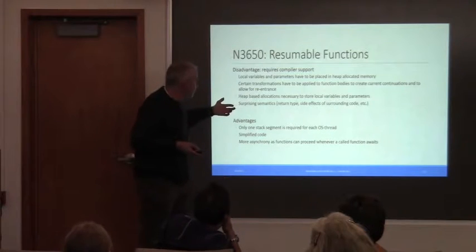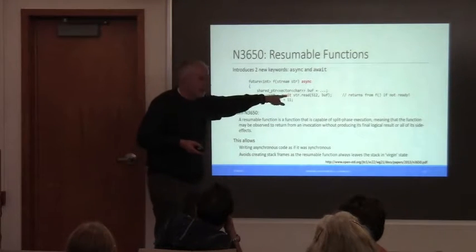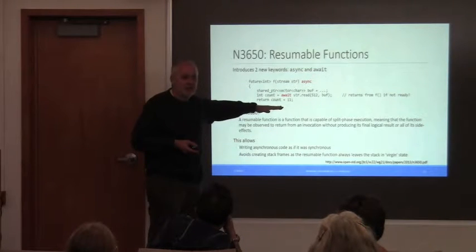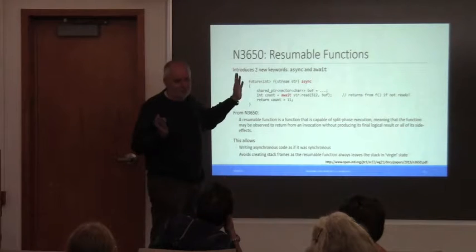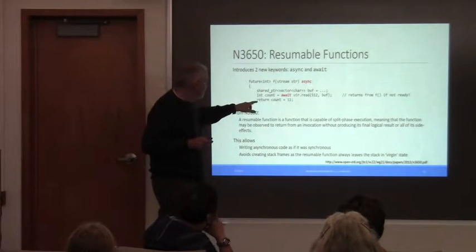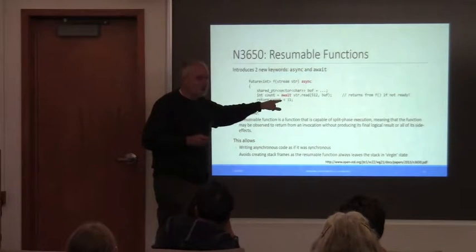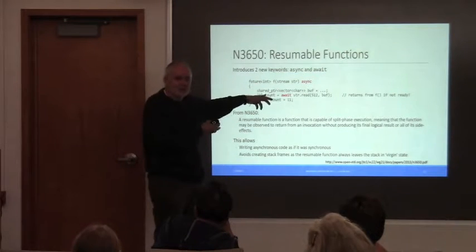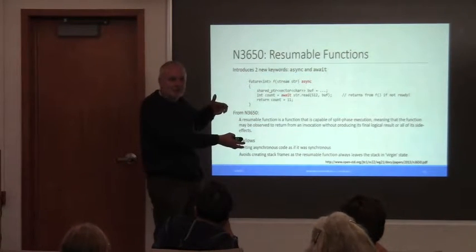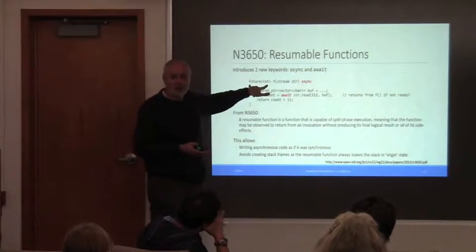And it has kind of surprising semantics because it returns at that point. So any side effects code after that await might have not been executed when you return from that function, which might be surprising. And the other thing is, even if you return an integer here, it actually returns a future of an integer. So there's a mismatch between the return type you see and the return type you have.